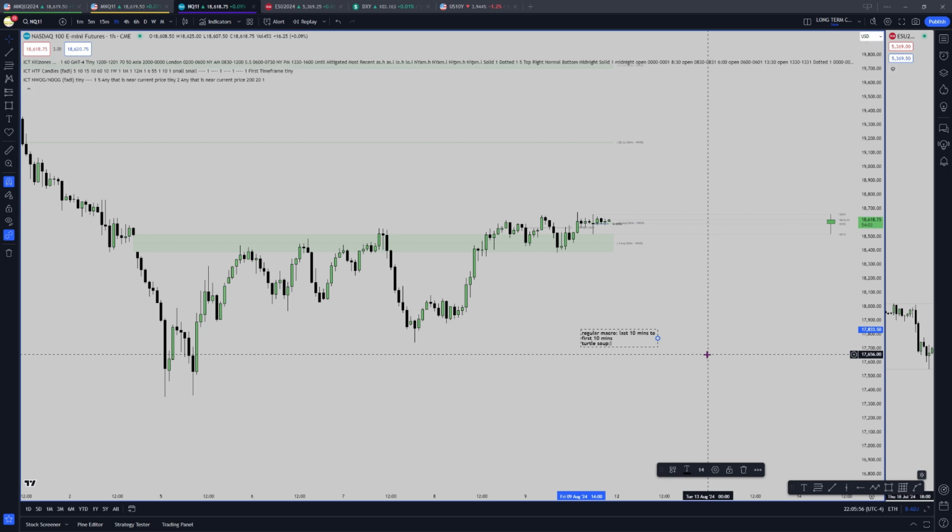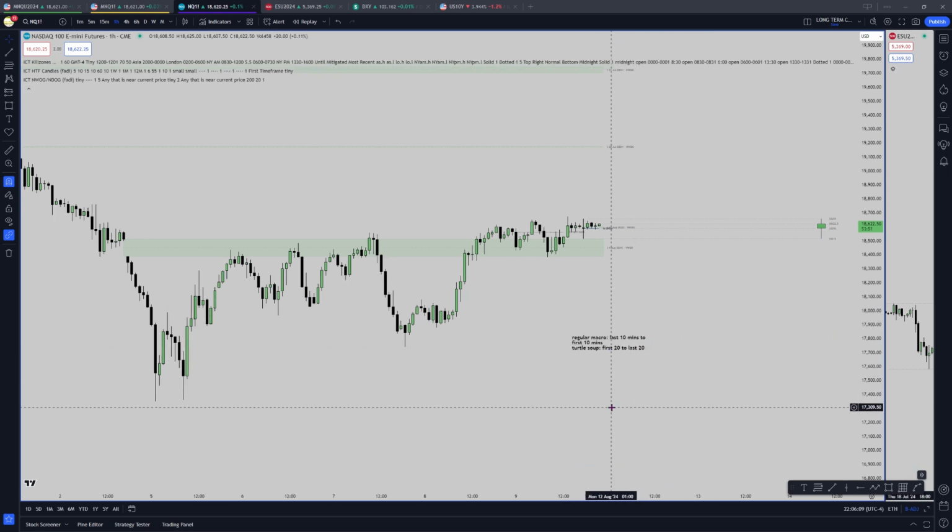People usually trade this one. It's going to be, I think, first 20 to last 20. These are your two types of macros. But I would say that the correct times are 8:50, 10, 9:10, 9:50, 10:10, etc.